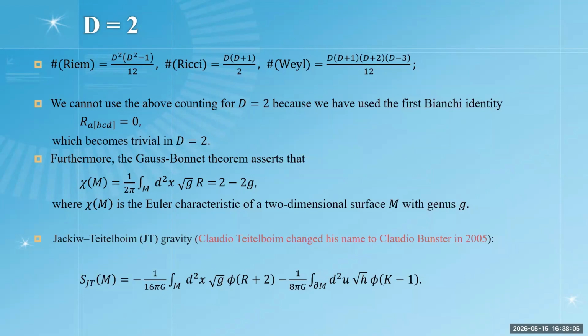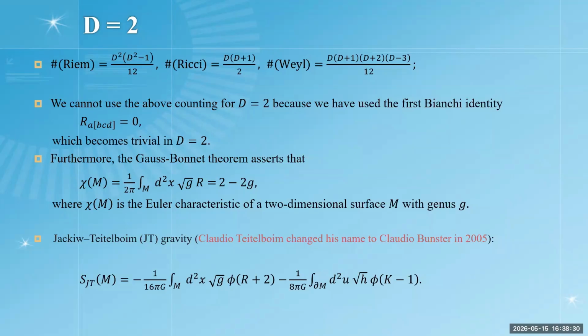So in 2 dimensions, this Bianchi identity becomes trivial. Actually, in 2 dimensions, the number of Riemann tensor components is 1. If we just believe this counting, the Ricci tensor is 3, right? So ridiculous. So we should not use this number for D equals 2.